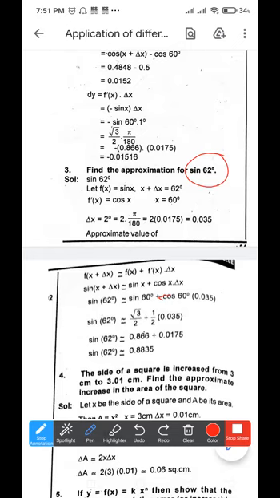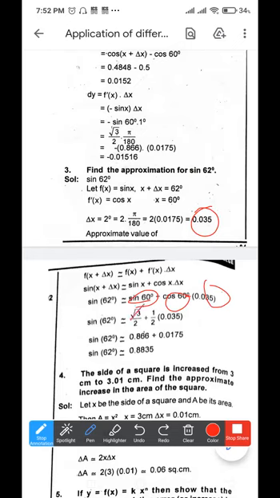Differentiation of sin x is cos x and delta x. Okay. What is the value of sin x? Sin 60 plus cos 60 into delta x, which is 0.035. Sin 60 is equal to root 3 by 2.